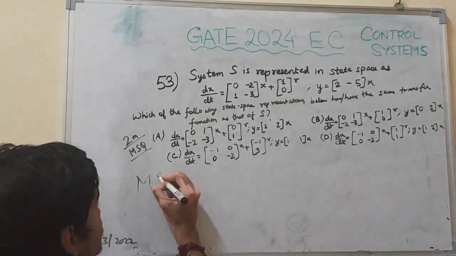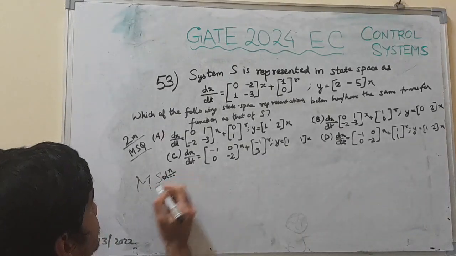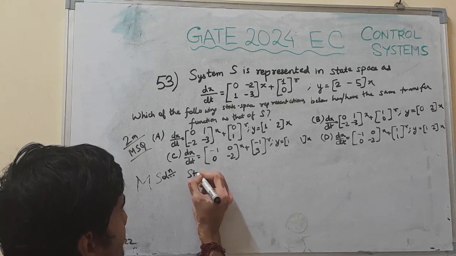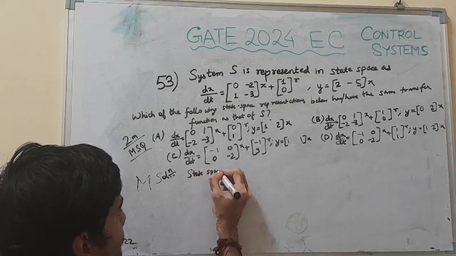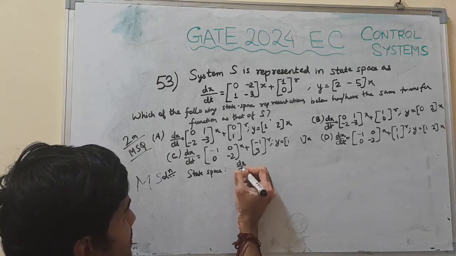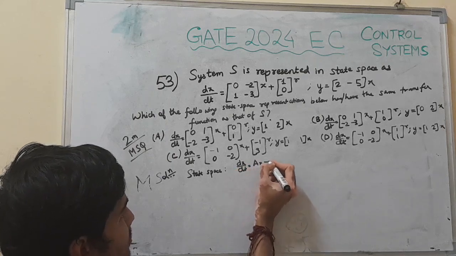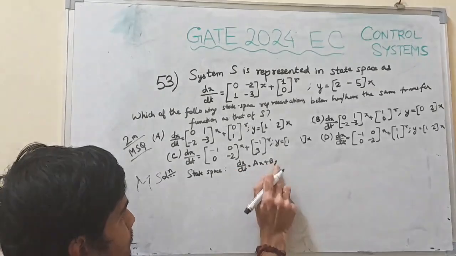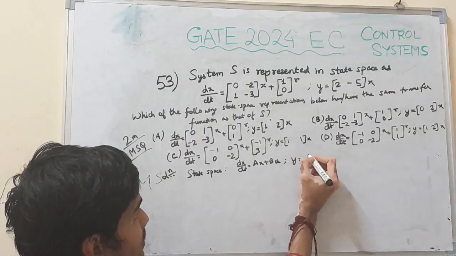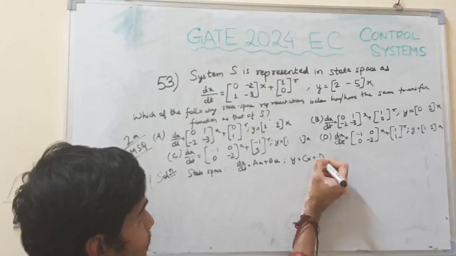Small solution: this question will be something like, we know in state space the state space equation is given by dx(t)/dt equal to Ax plus Bu, and y, the output equation, is given as Cx plus Du.